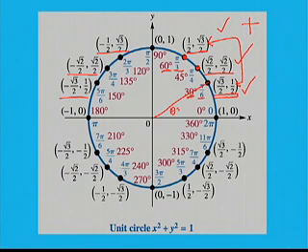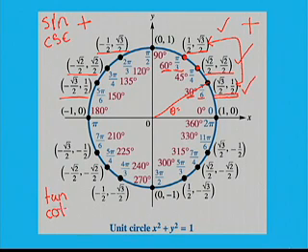in the second quadrant, we know that sine and cosecant are positive, and we know that tangent and, of course, cotangent are positive here, and we know that cosine and secant are positive here.